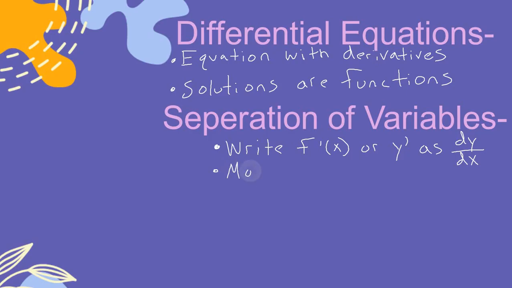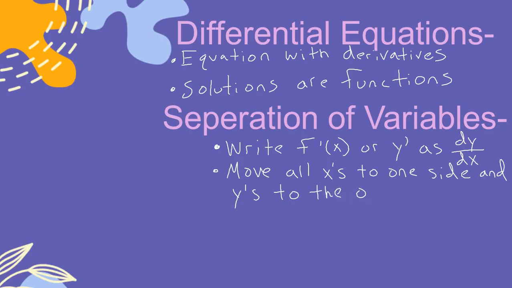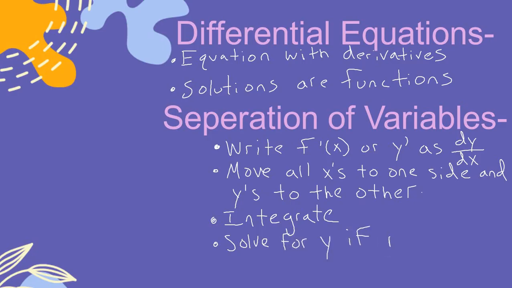Then our goal is to move all x's to one side and y's to the other. And this includes your dy and your dx. Then we want to integrate. And we will solve for y if needed.